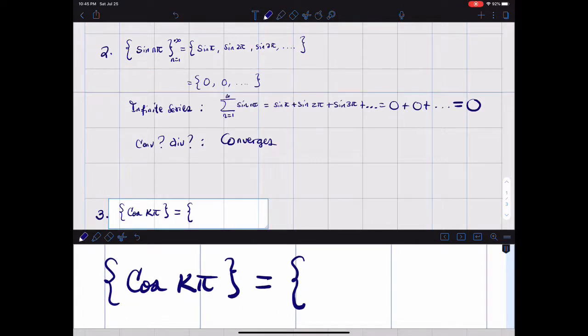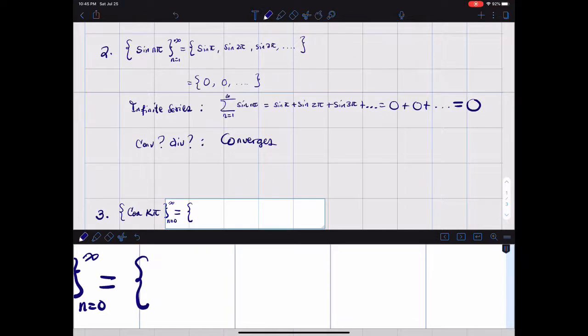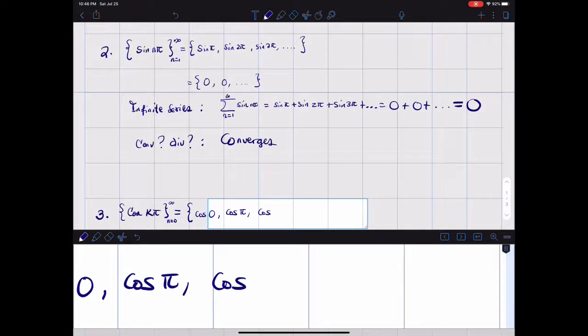Let's start with n equal to 0 to infinity. So in this case, we have cosine of 0, cosine of pi, cosine of 2 pi, cosine of 3 pi, and so forth.